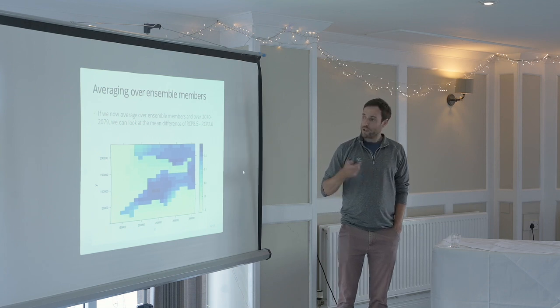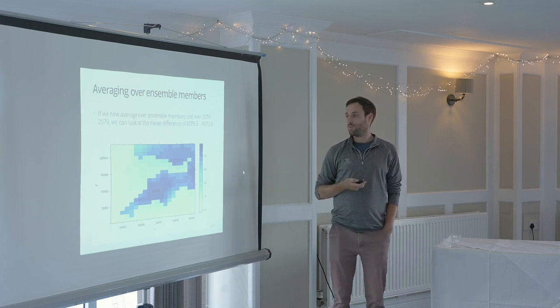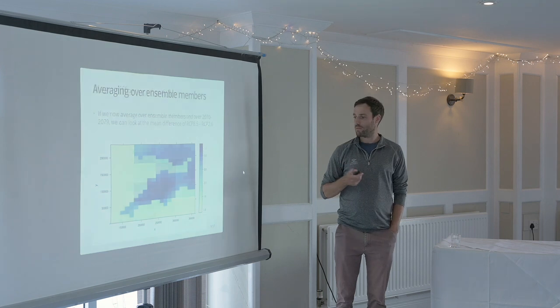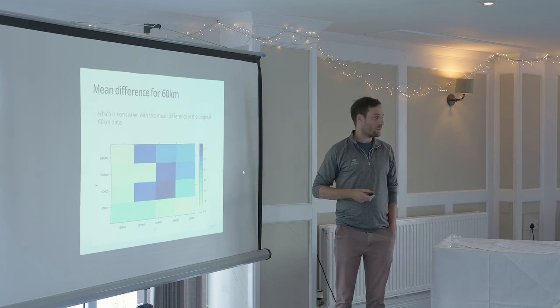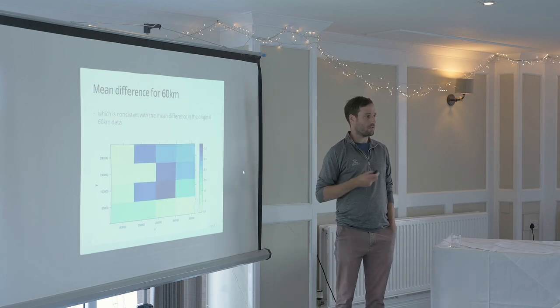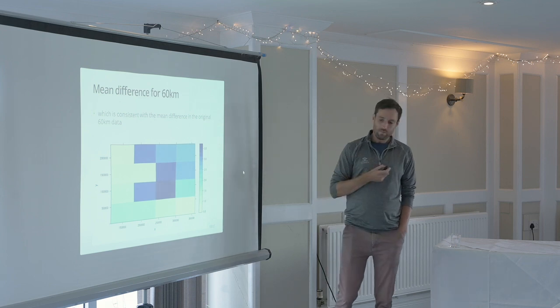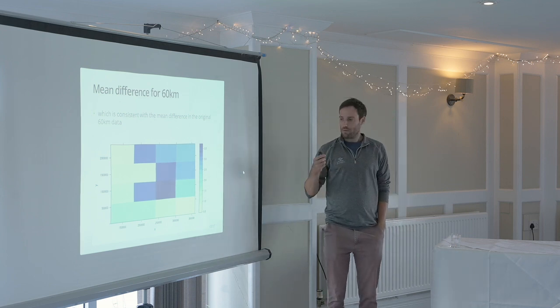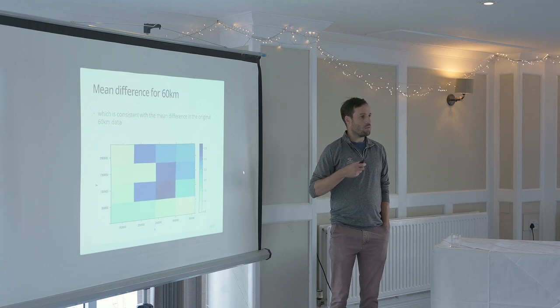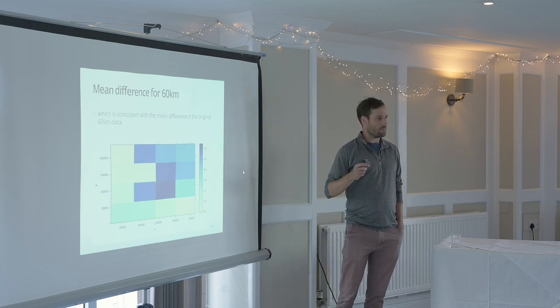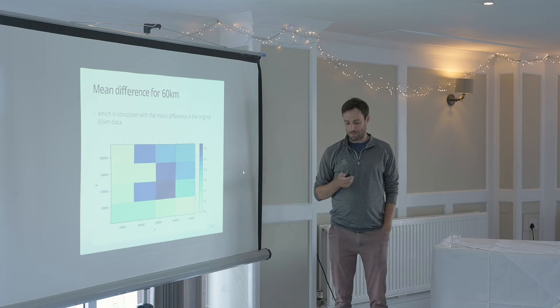And we can then go back to our 60-kilometer data and say, what does that difference look like in the 60-kilometer data? And it looked like this. So we're getting something consistent with the differences that we started off with in the 60-kilometer data. So our model is at least doing what we want. Whether the 60-kilometer data is doing what we want is a different matter, but we can think about this one a little bit later.